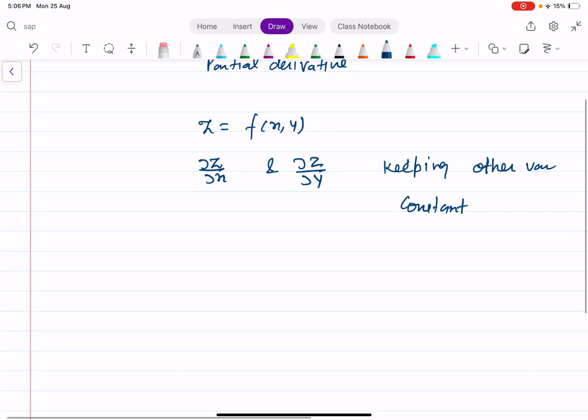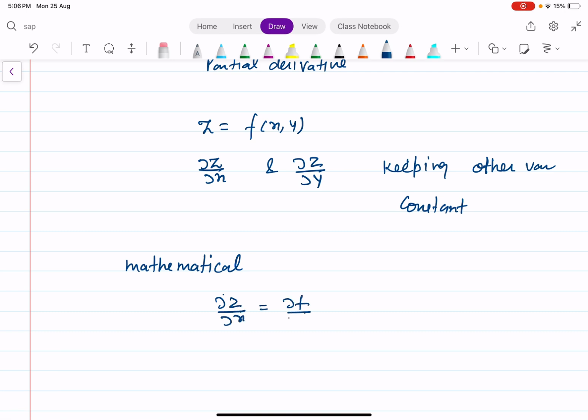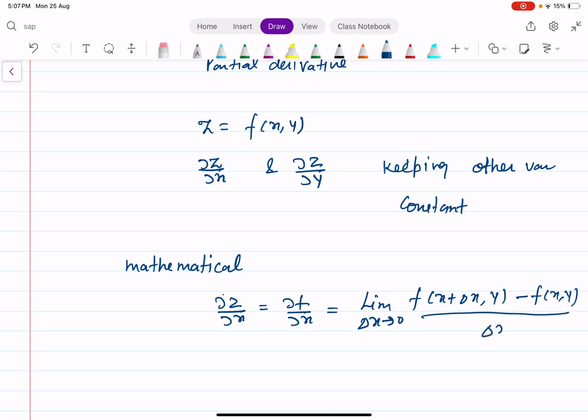Now the mathematical definition of partial derivative: del z over del x, equal to del f over del x, is the limit as delta x tends to 0 of f(x plus delta x, y) minus f(x, y), upon delta x.